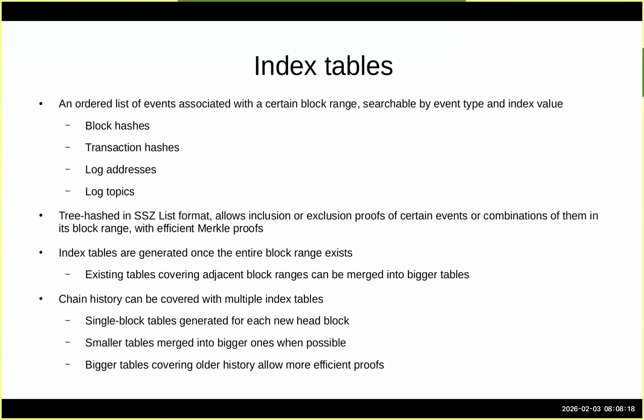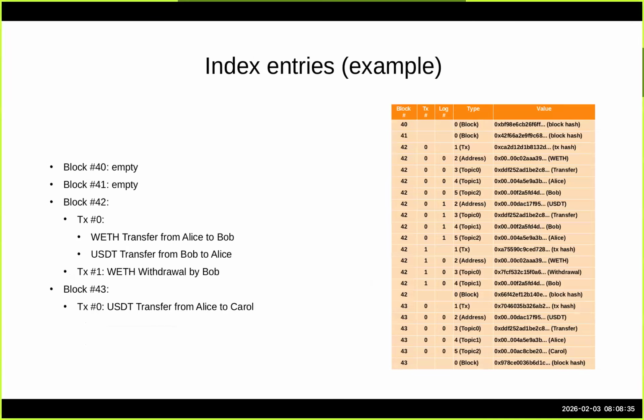That's how this structure evolves. The complete table is never modified. If the chain is rolled back, then some tables might be discarded and regenerated. But those are just small tables.